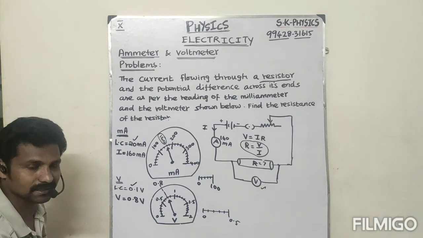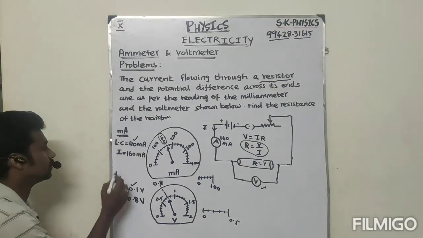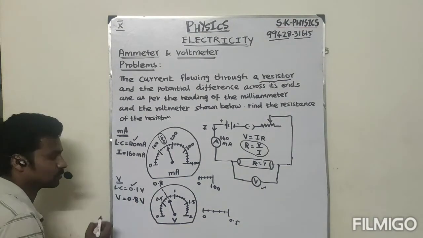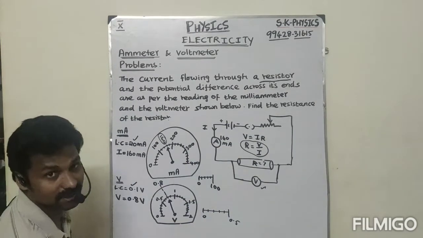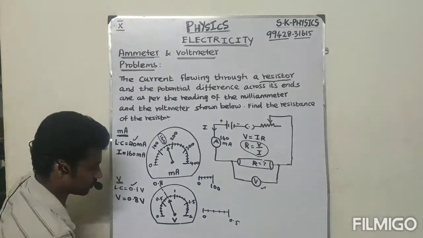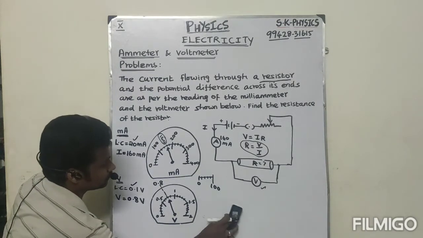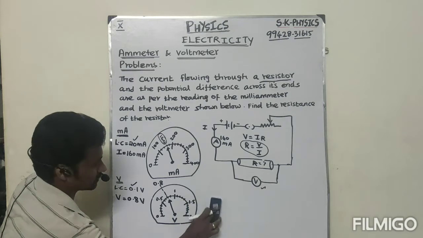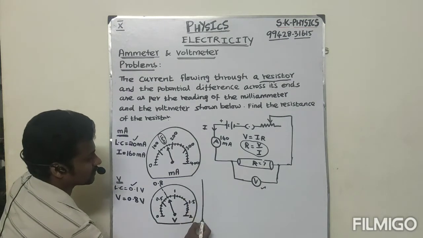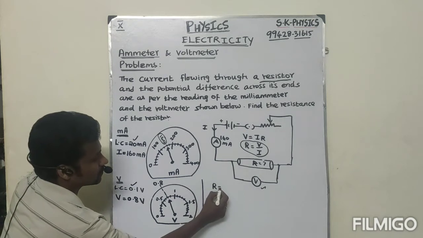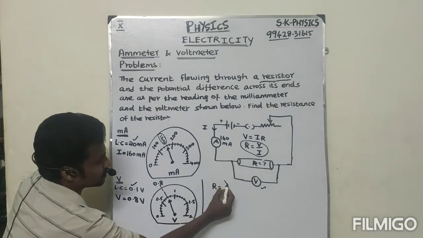So if you know the least count value, then only you can measure the actual value from the ammeter and voltmeter. Now the current value you know, the voltage value you know. Now it is possible to find the resistance value. Listen students. We know the formula: resistance is equal to voltage divided by current.